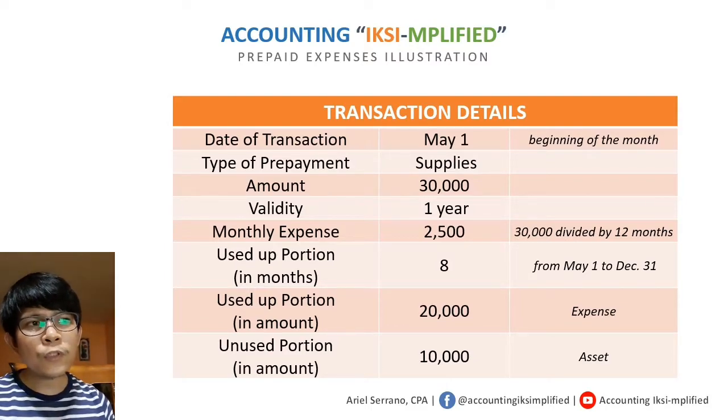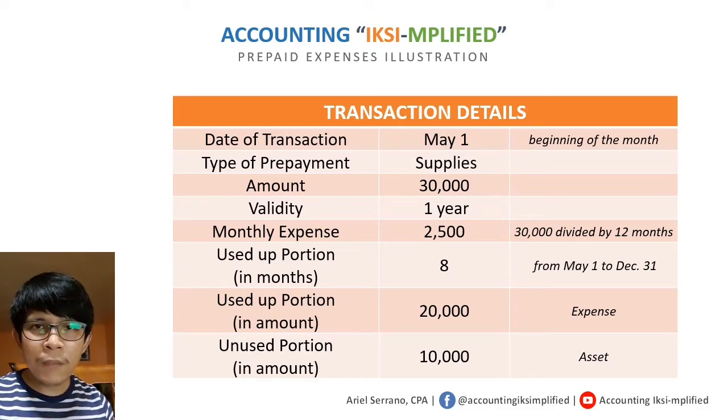And yung used up portion mo, ilang buwan na siyang gamit. Nag-umpisa tayo ng May 1, and remember, ang sabi ng problem, nag-a-adjusting entry lang at the end of the year. So, ang consideration natin dito sa problem is, this is December 31, mag-a-adjust na tayo, magkano yung i-a-adjust ko na amount.